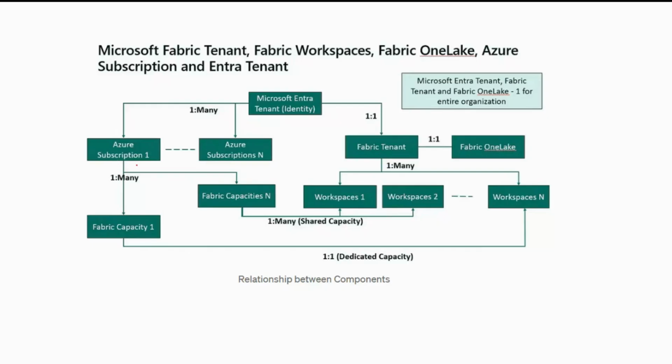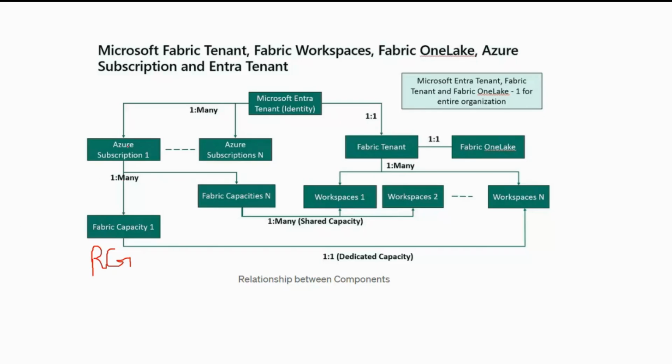Now, within a subscription, the next hierarchy is basically, rather than fabric capacity, imagine something called a resource group. So Azure subscription is like your logical container for the organization for Azure offerings. Correct. Now within that, I want to bifurcate that container for different sets of developmental aspects.